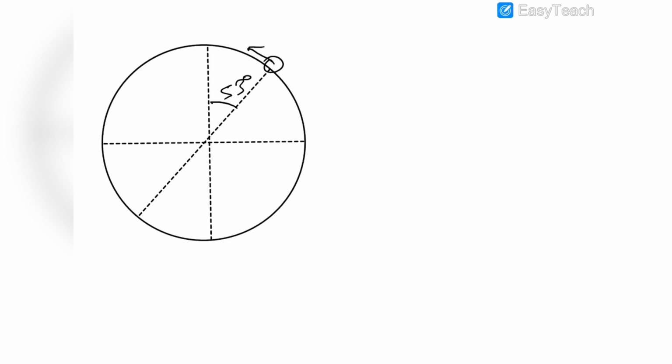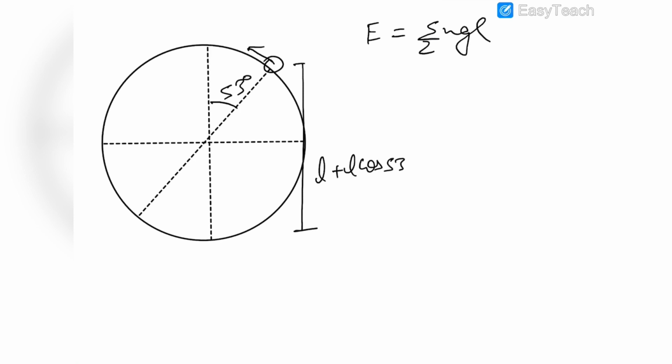So we can easily say that the total energy of the vertical circular motion, at any point, is E equal to 5 by 2 mgl, and this height is equal to L plus L cos 53. So this is L plus L into cos 53, which is 3 by 5.